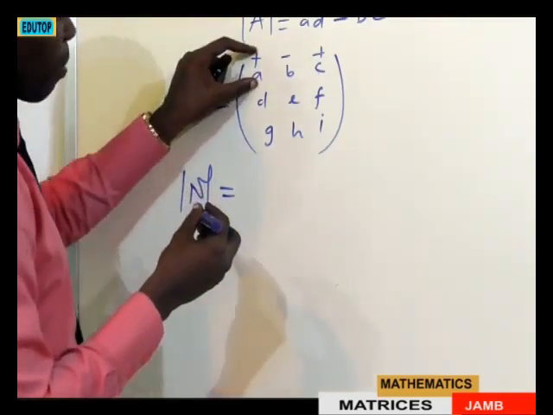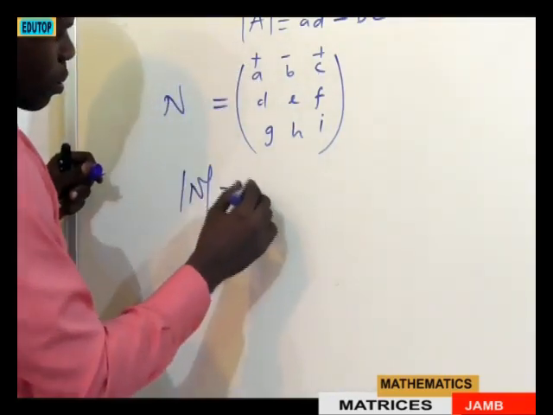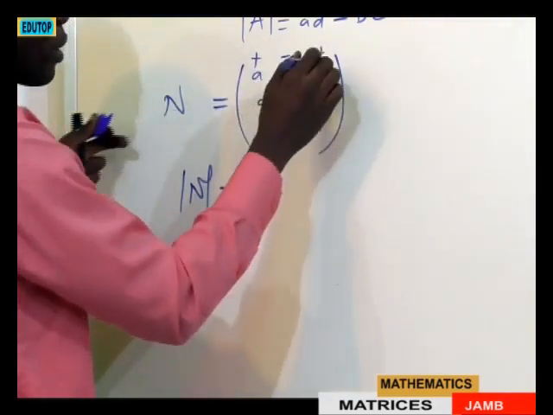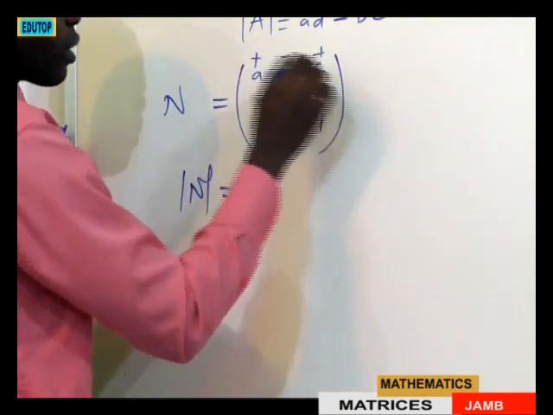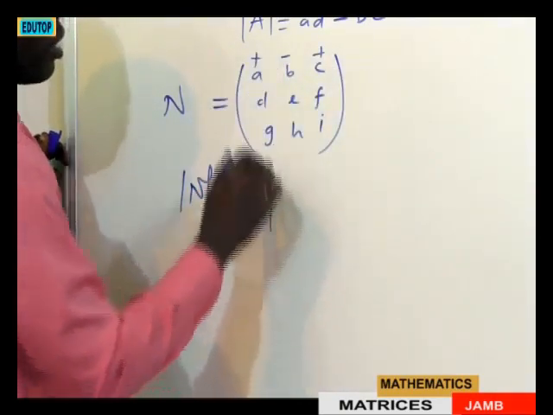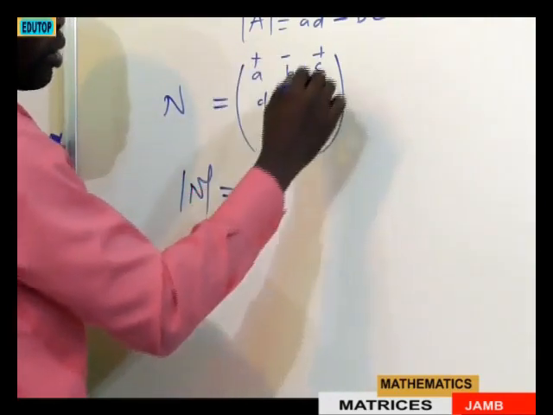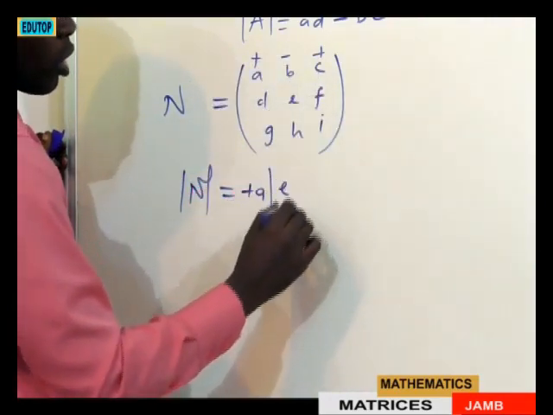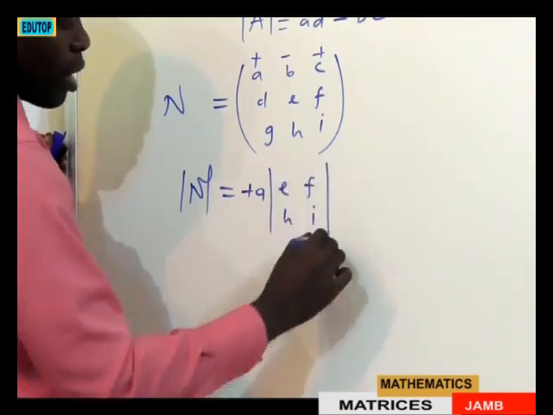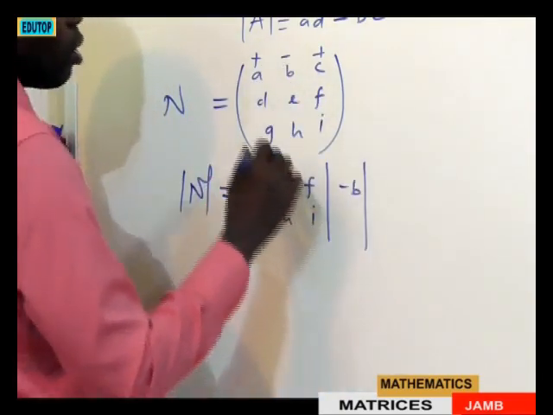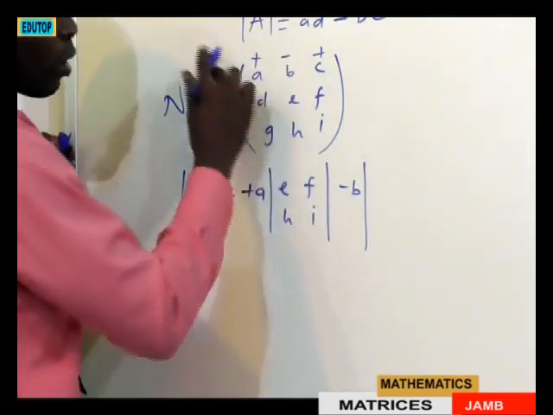We pick a point, plus A, then we close this place, we close this, and we close this. What are we going to be having? By the time we close this and close this, we are going to have E, H, F, I. Then we pick the second one, which is minus B. We close this place, close this place.